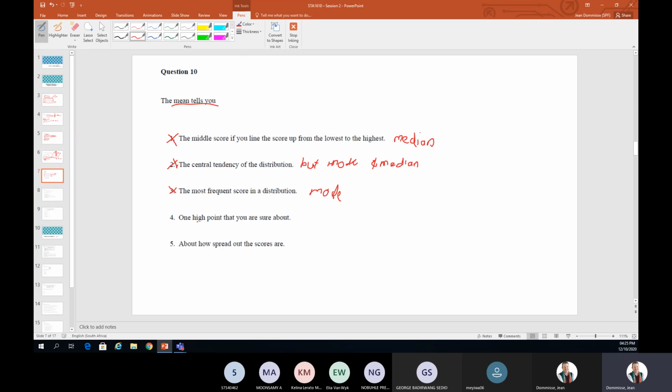One high point that you are sure about. Okay. Isn't that the outlier? That how spread out the scores are.